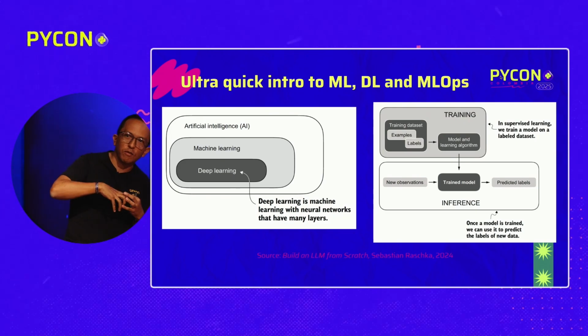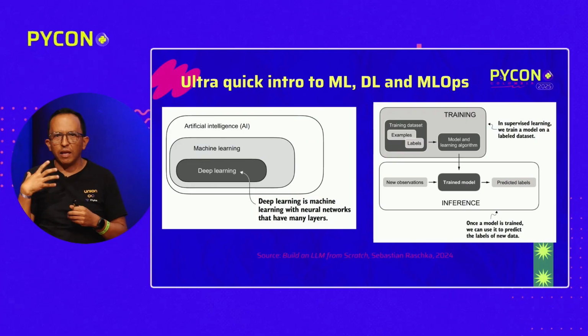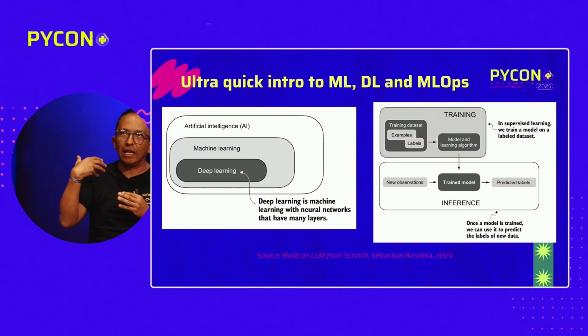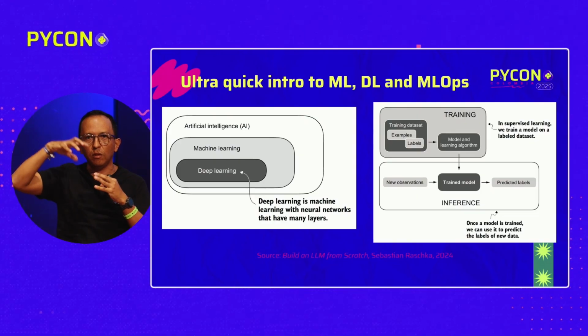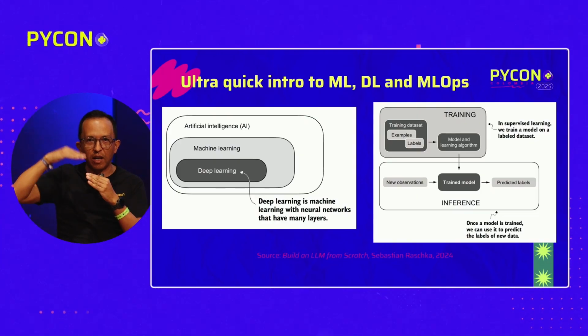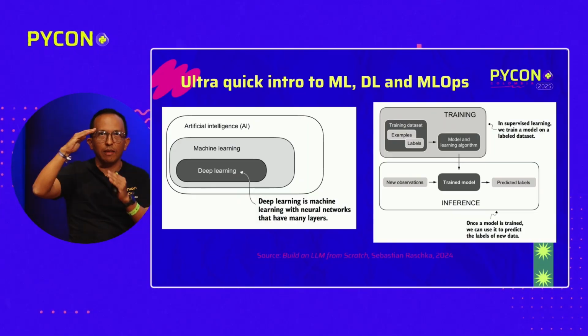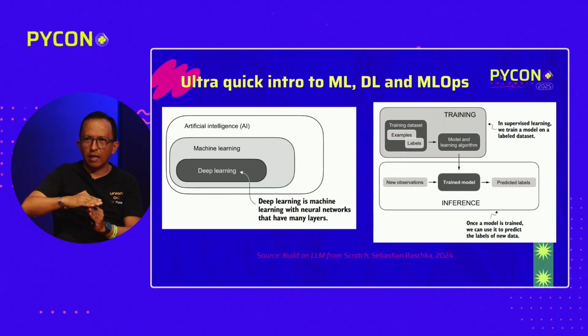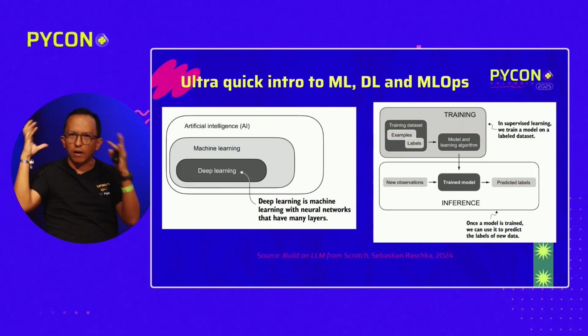And a subset of machine learning is deep learning. Essentially, it's called deep because it tries to mimic the way the human brain works, with multiple neurons and multiple interconnections between neurons. It was developed using multiple layers, and all those hidden layers are what we call a neural network.